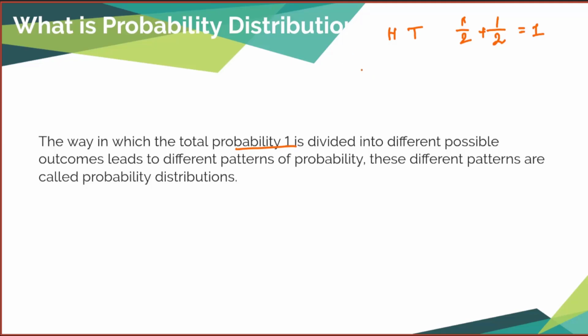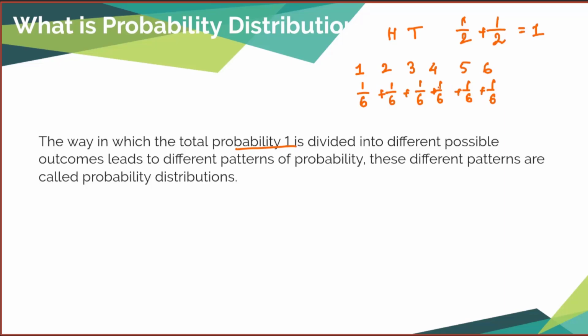In case of a die, the outcomes are 1, 2, 3, 4, 5 and 6, right? And if everything is fair in that die, every outcome has a probability of 1 by 6. Now if I add all of them, this is called total probability.